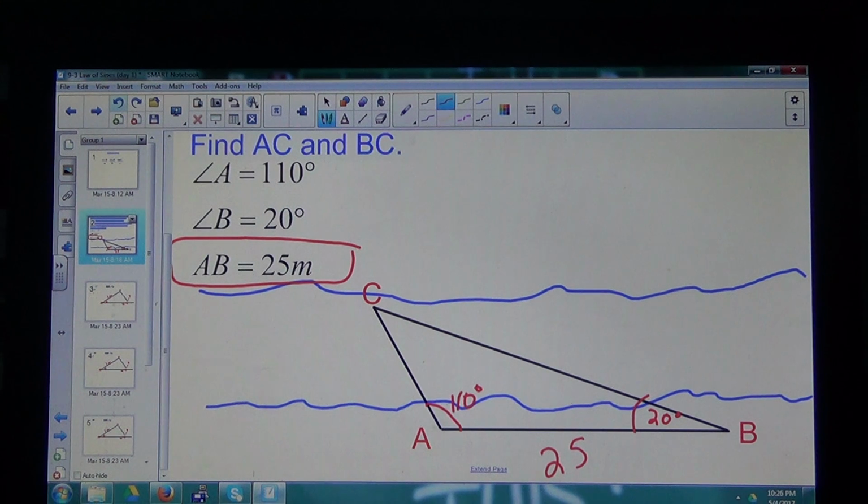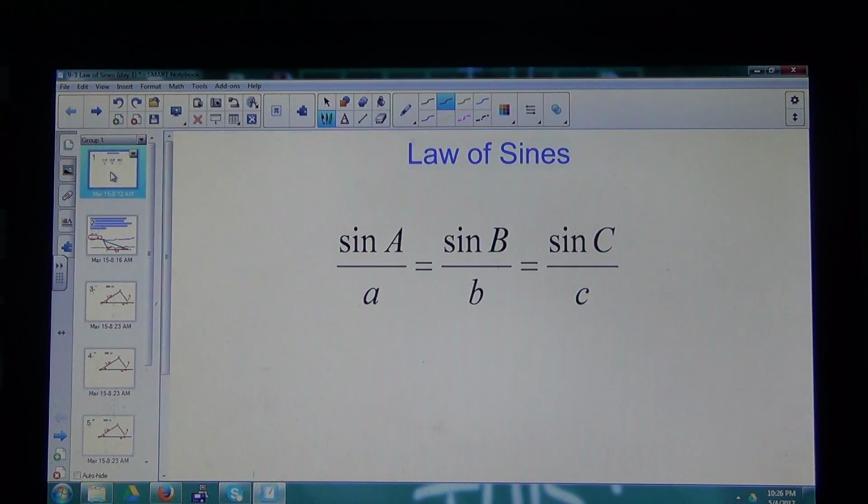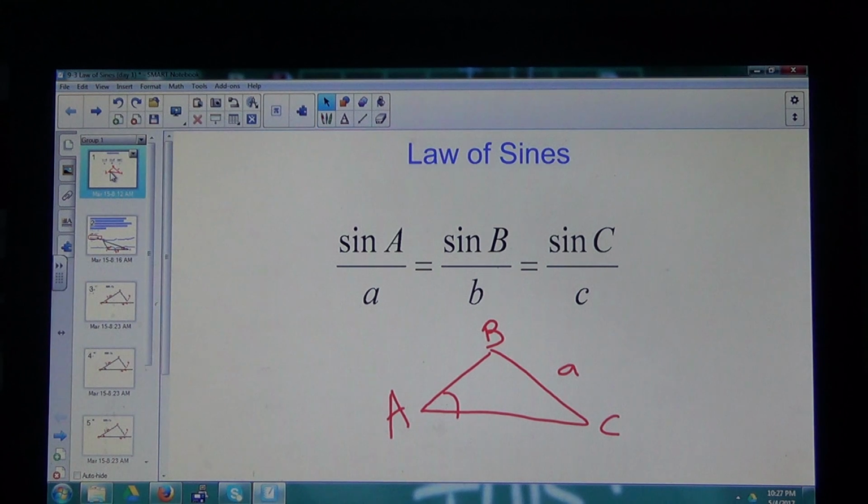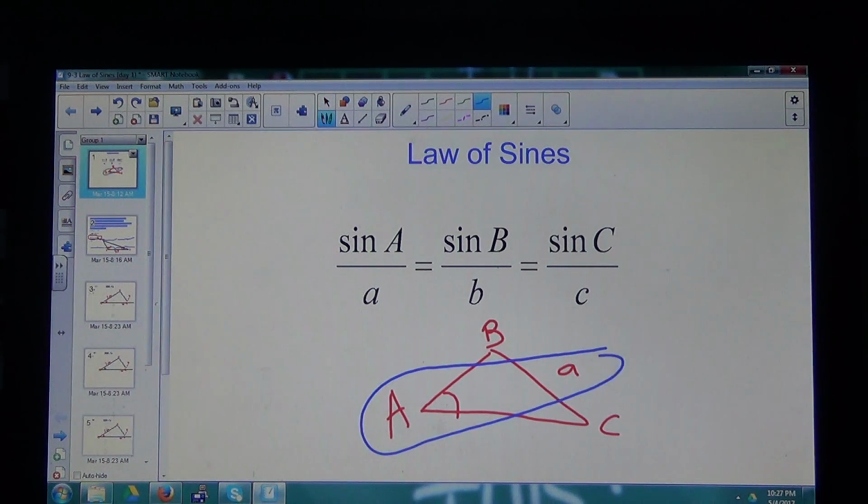Okay, and here's what the law of sines is. If I go back to here, if I drew any random triangle, I've got angle A, angle B, and angle C. If this is angle A, the side opposite is little a. When we are looking for law of sines, I am looking for where I have a number at each one.